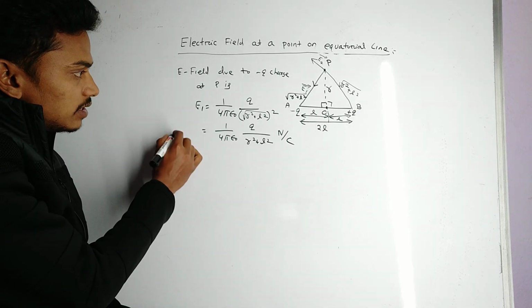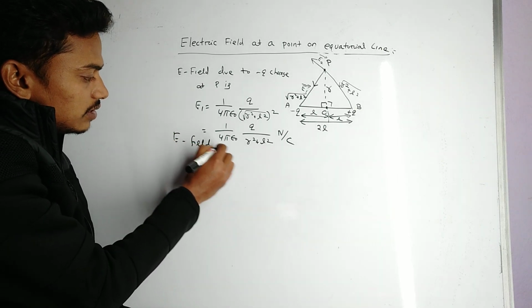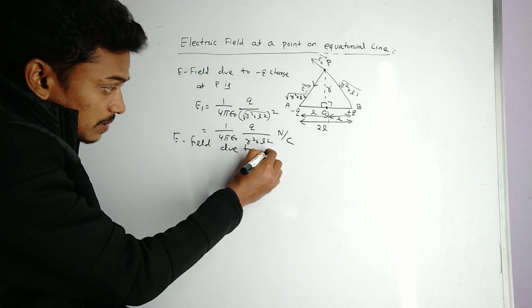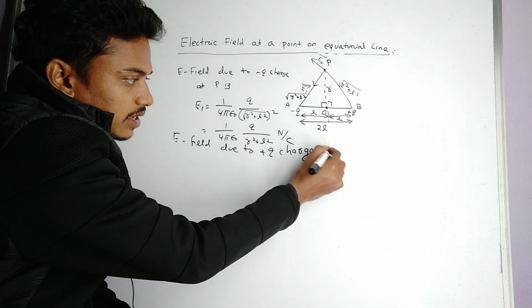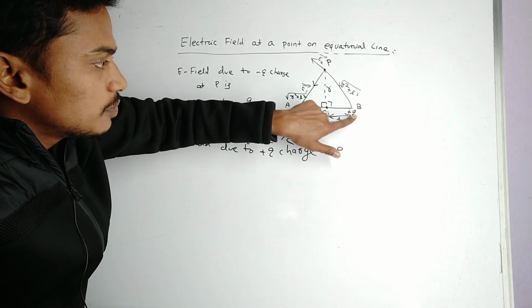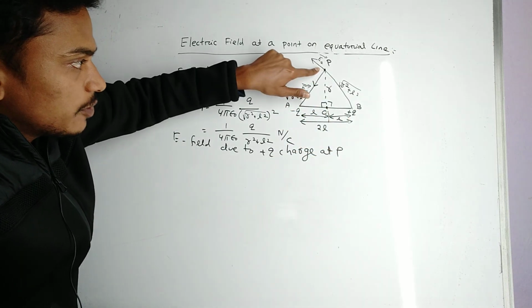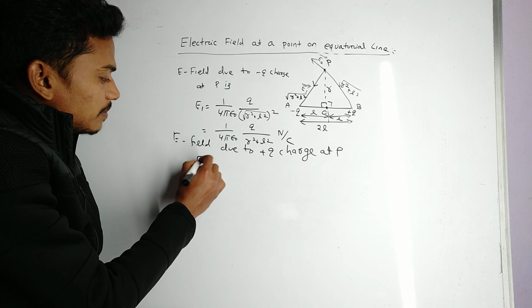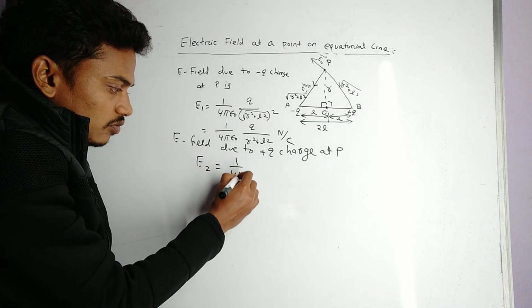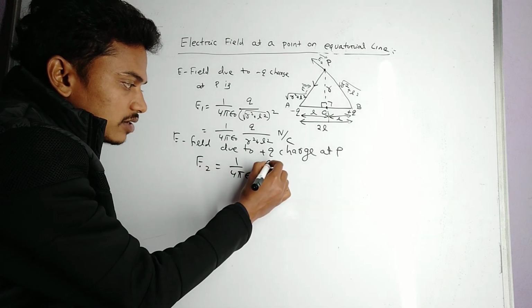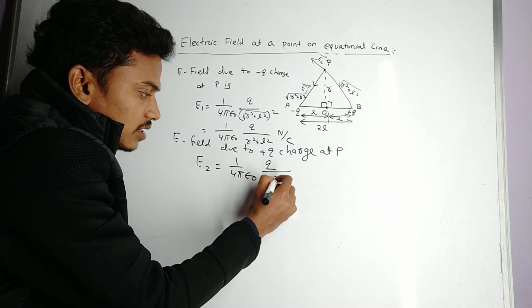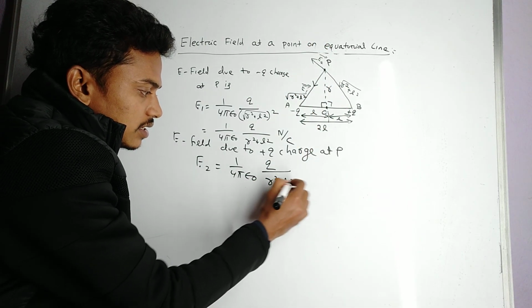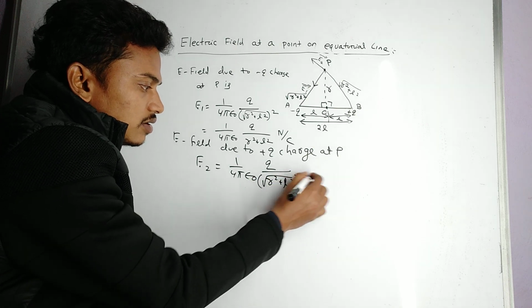Then the electric field due to plus q charge at point P is given by E2 equal to 1 by 4 pi epsilon naught, q by this distance square. This is the square root of r square plus L square, whole square.